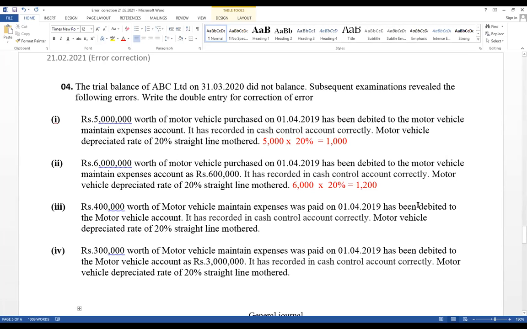And depreciation effect is also given. First one: think about the maintenance expense account, which should be debited, but it has been debited to the motor vehicle account. Therefore, motor vehicle account credit, motor vehicle maintenance expense account debit, value equal 400. First one recorded.